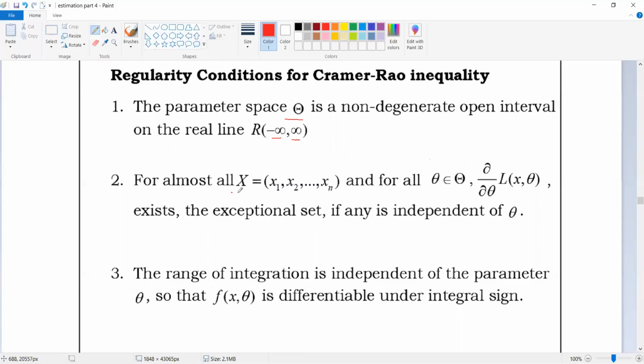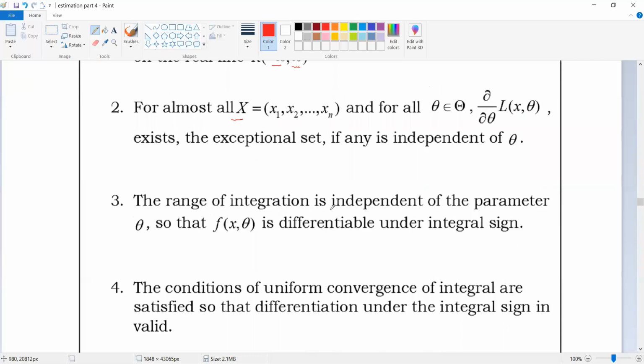For almost all x1, x2, ..., xn, and for all theta belonging to the parametric space, the first derivative, dou log L by dou theta, exists. The exceptional set, if any, is independent of theta. Third, the range of integration is independent of parameter theta. That is important.